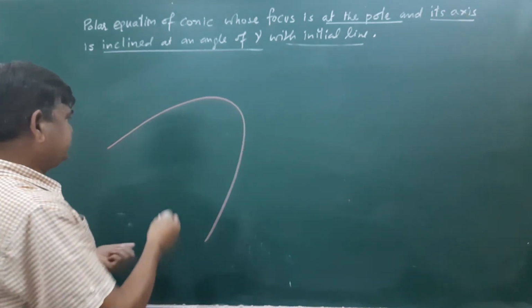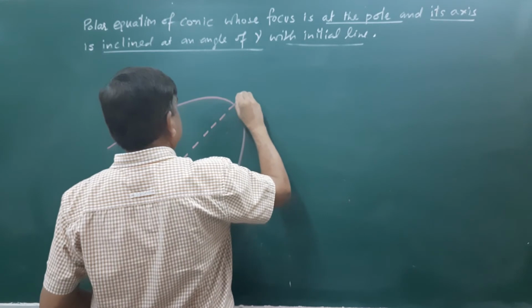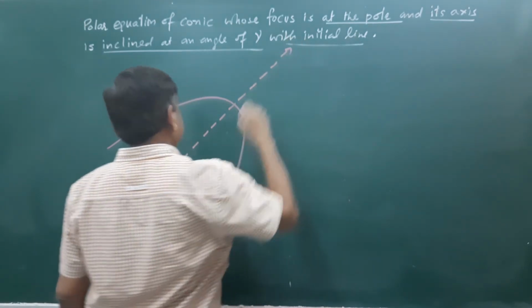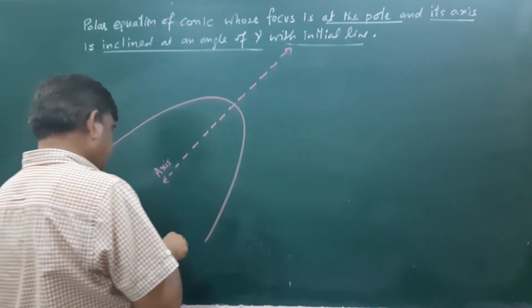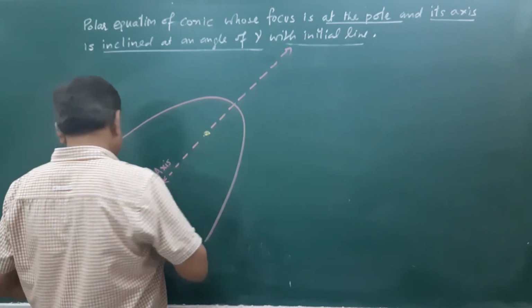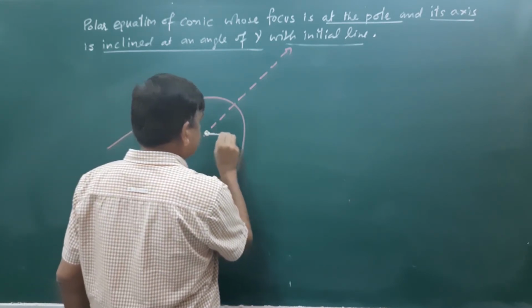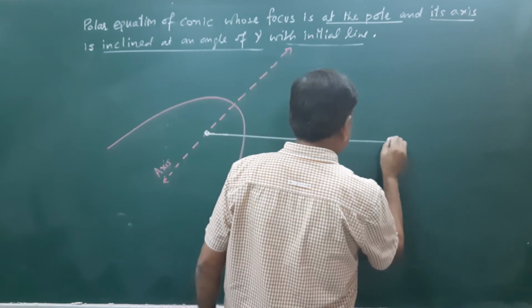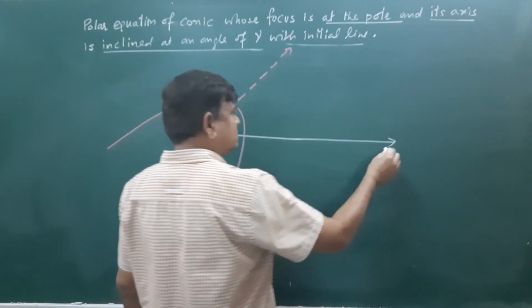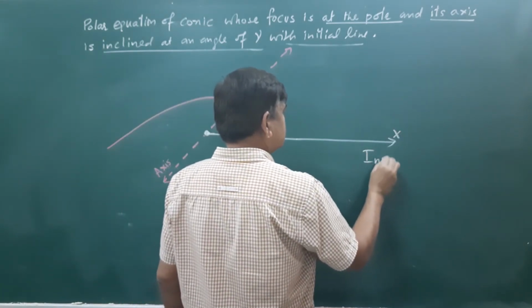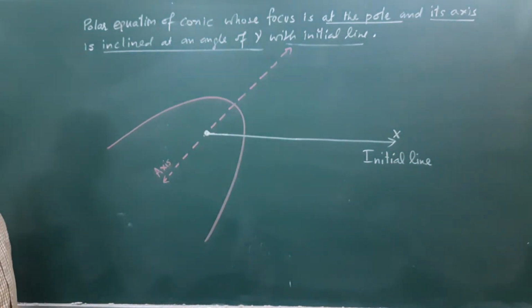Suppose this is the conic and this is the axis. Okay.